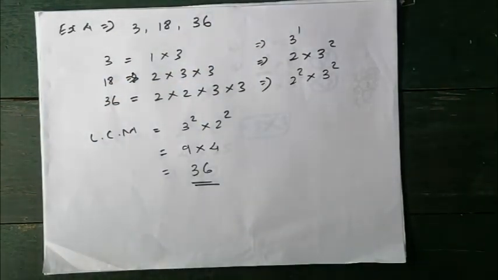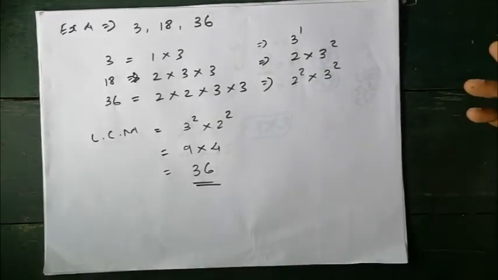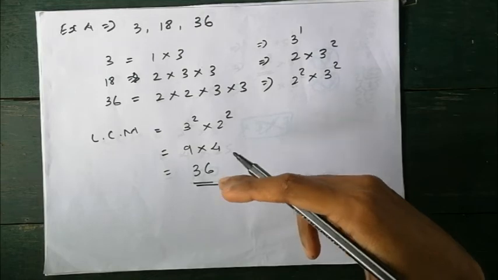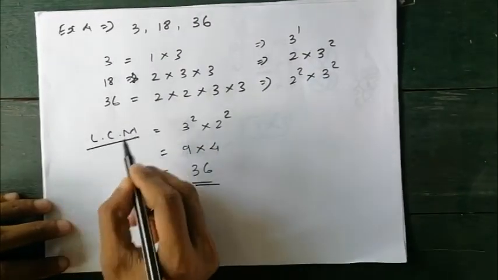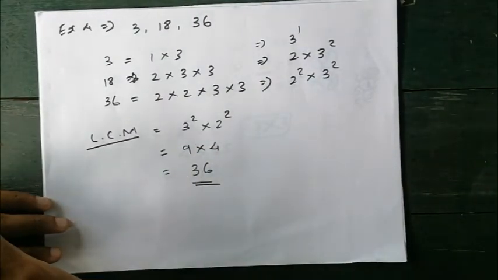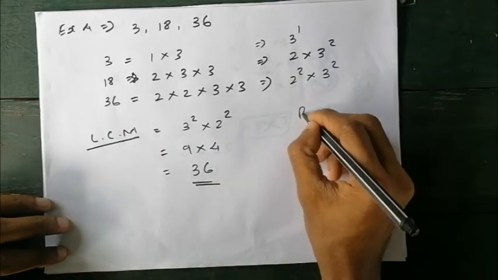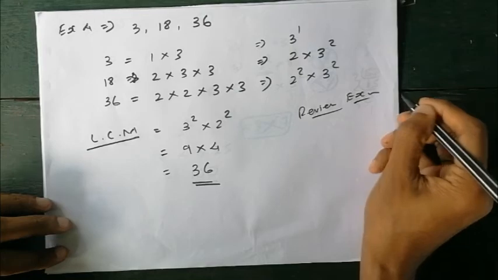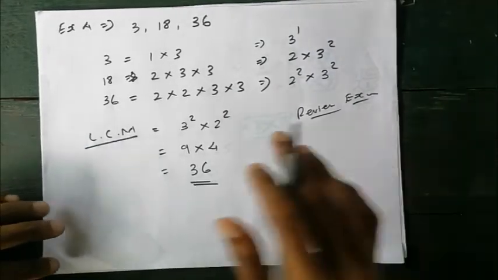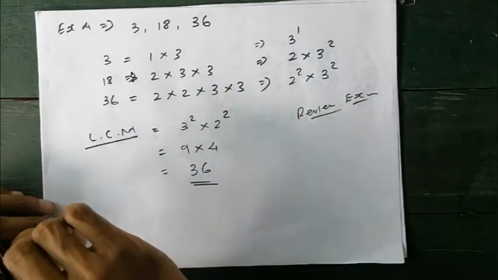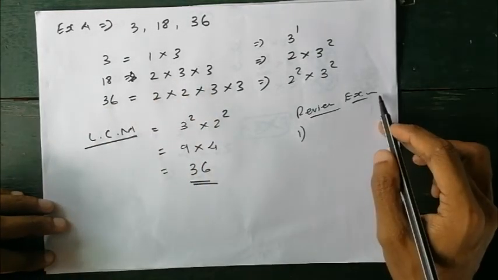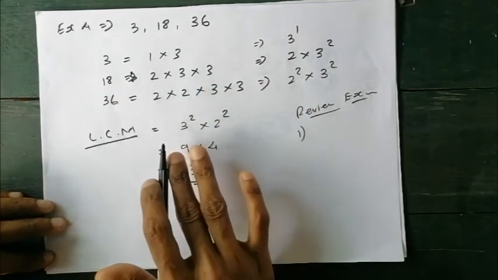Okay, so now you have the new method to find LCM, and you know what is the meaning of LCM. So do the review exercise. You already did the review exercise, but do it with this style. The first question has numerical values like this from the review exercise, so do it with these steps.